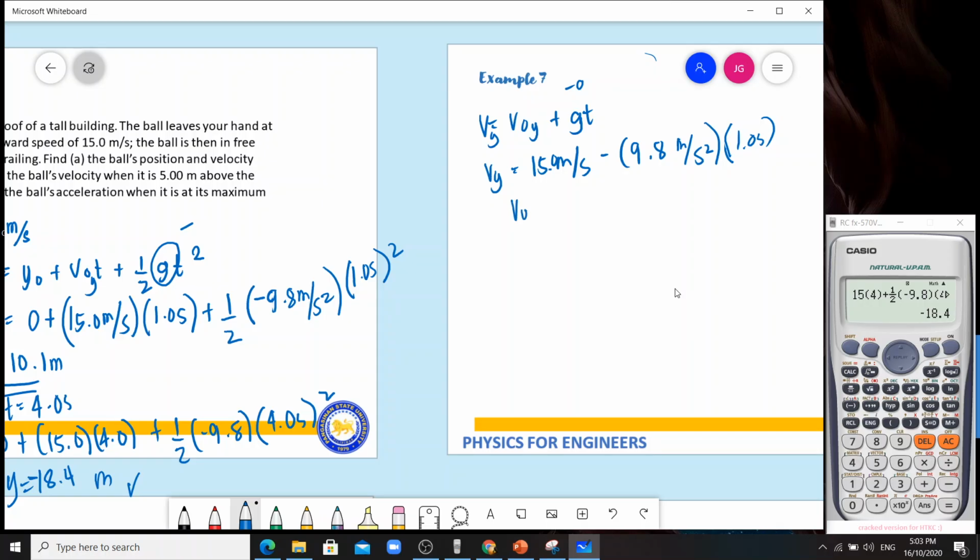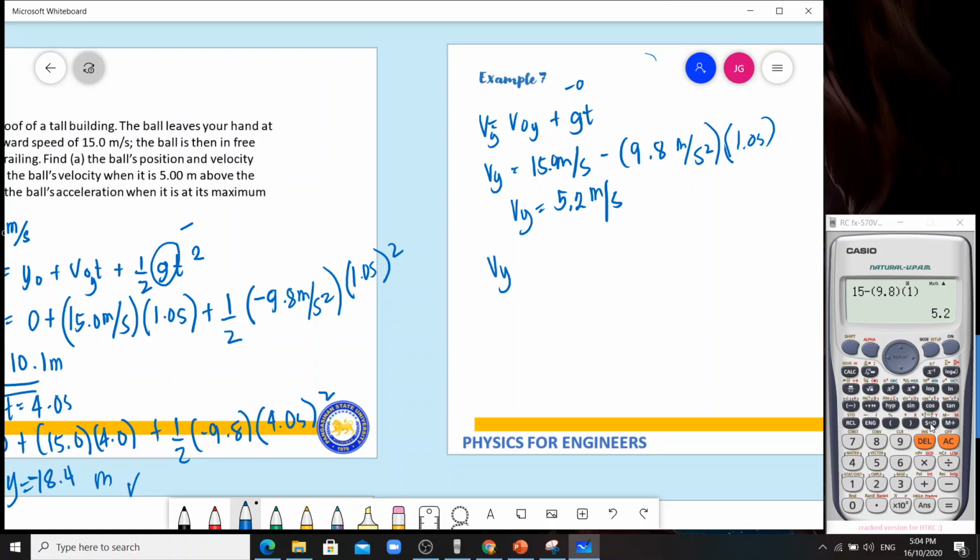Okay. So, ano yung velocity niya at time 1 second? That is 15 minus 9.8 times 1. Okay, that is equivalent to 5.2 meters per second. So, positive siya, ibig sabihin yung velocity pa natin ay pataas. Okay, papunta pa lang siya doon. Which is tama, positive din kasi yung y.